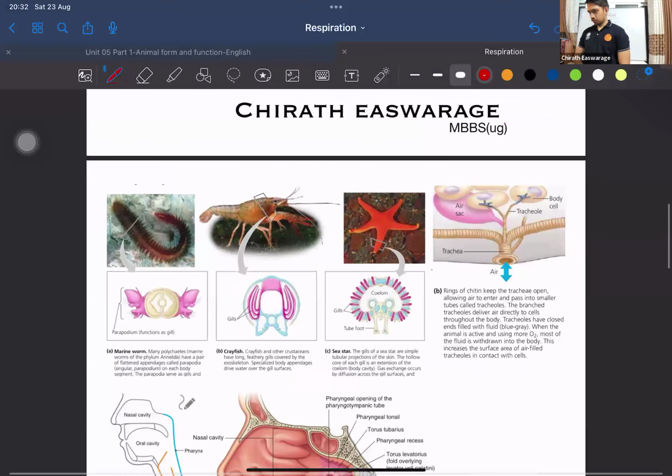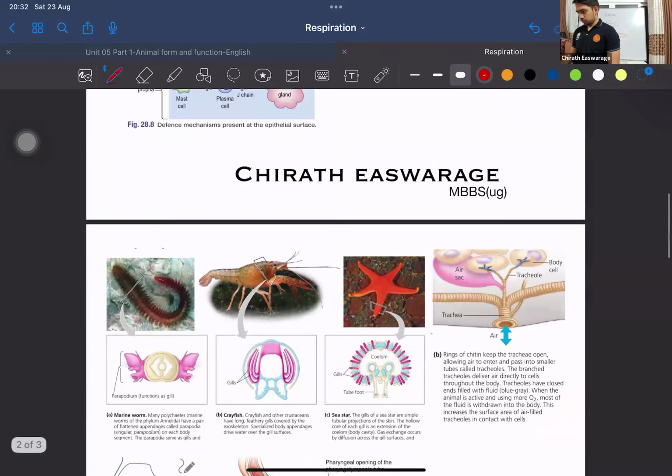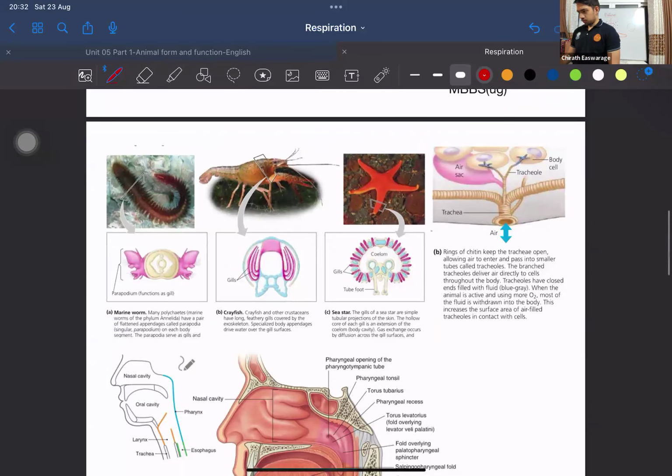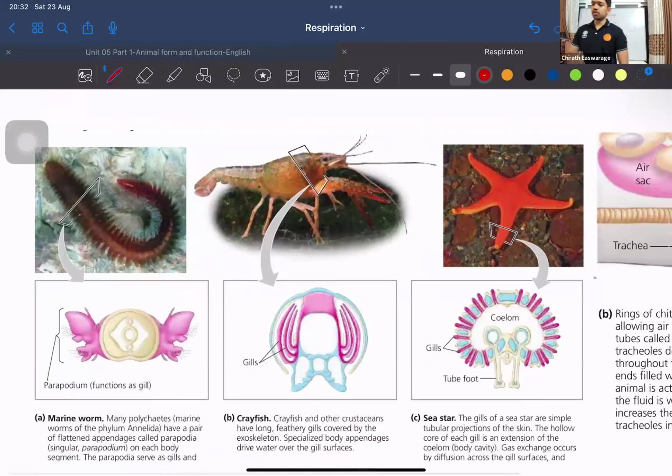Yes. You can see my screen, right? Okay. So some of the diversity of the gas exchange surface in the animal world, you can see, right? We're going to cover these.